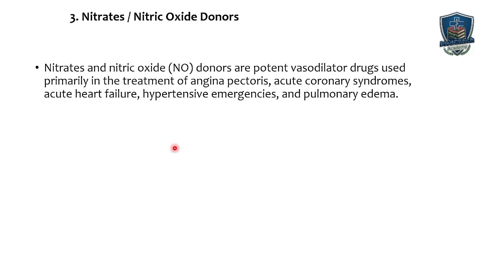So nitrates and nitric oxide donors are potent vasodilators used primarily in the treatment of angina pectoris, acute coronary syndromes, acute heart failure, hypertensive emergencies like sodium nitroprusside, and pulmonary edema.